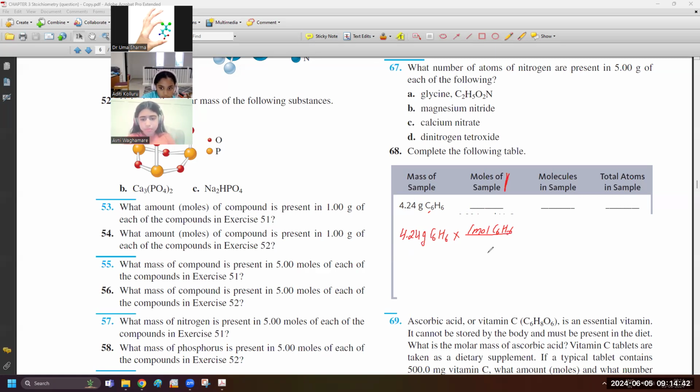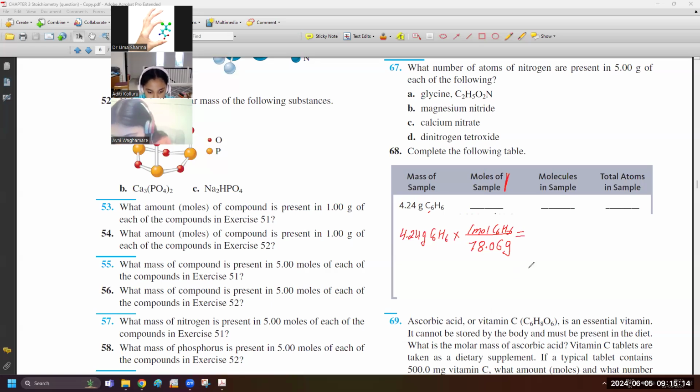Very good, Avni. How much is this? It's carbon, Aditi. I'm getting 78.06 grams as the molar mass of C6H6. Check.